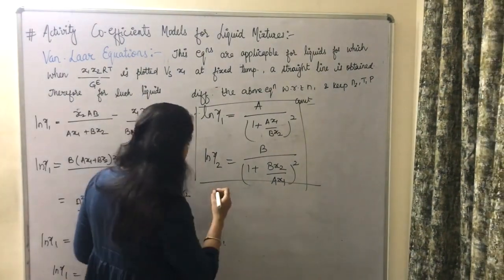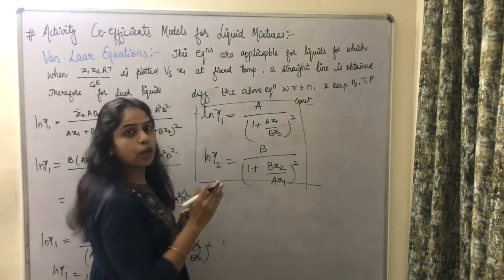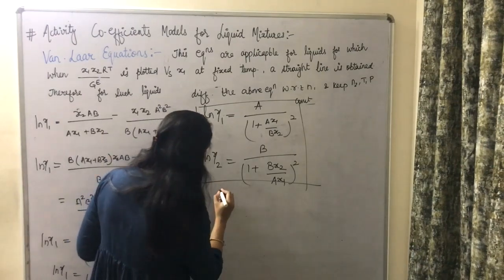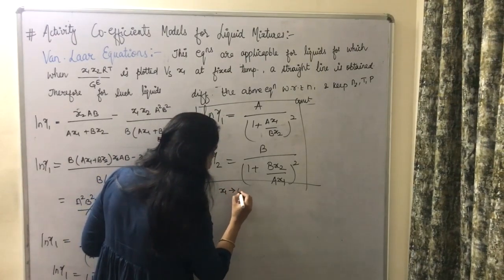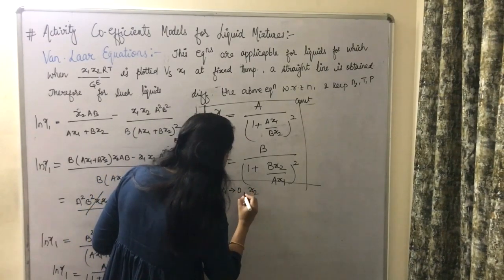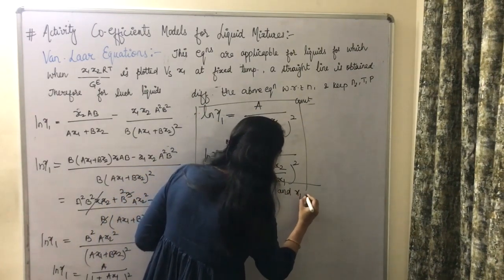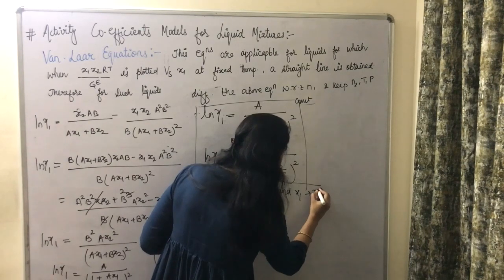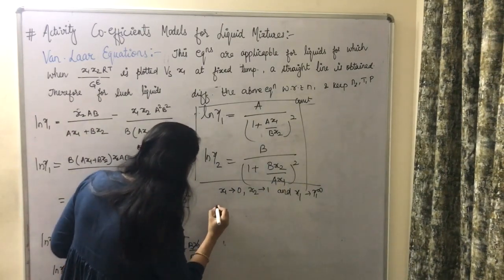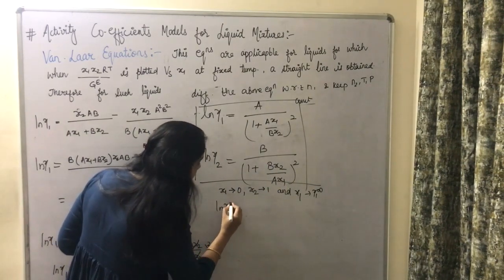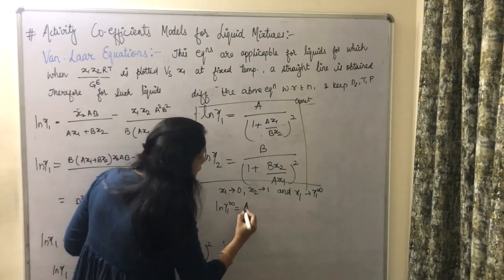So it can be seen that for infinite dilution of component 1, when x1 tends to 0 and x2 tends to 1 and gamma 1 tends to gamma 1 infinity, we get ln gamma 1 infinity equal to a.